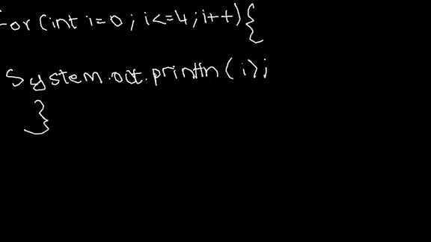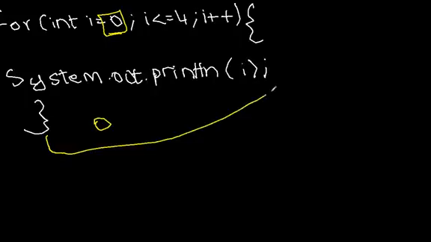You're printing the value of I, so I is originally 0, so it prints 0. It checks what I is, I print 0, and then it goes back to this statement. Now it increases I by 1, so I becomes 1.